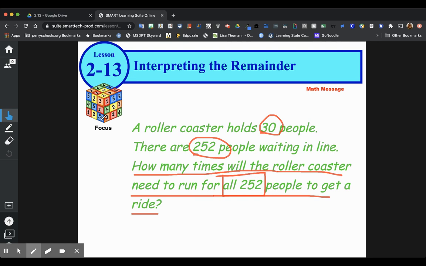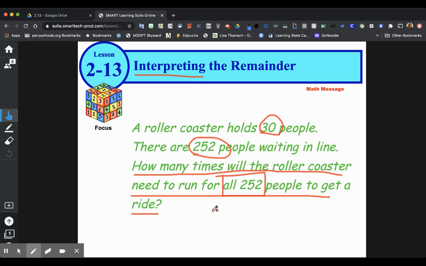So again, this lesson is all about interpreting the remainder. So when I'm looking at a question like this, I want to ask myself, if there is a remainder, what do I need to do with it? Do I need to ignore it? Do I need to report it as a fraction, as part of something? Or do I need to report it by rounding up my whole number?